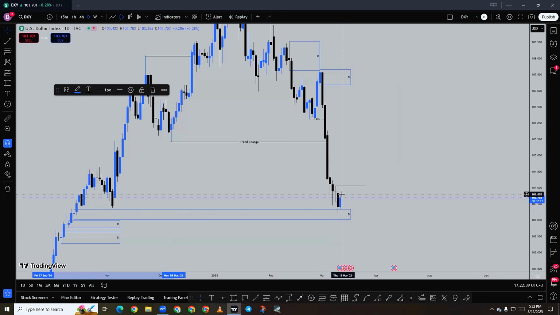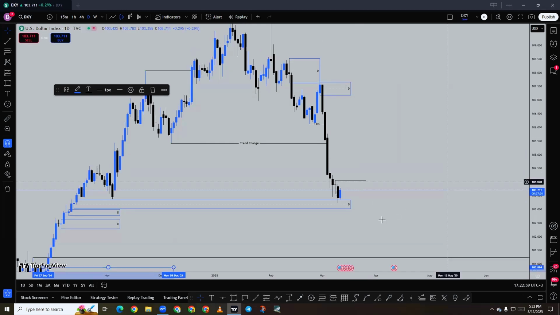Okay, so that is my analysis. If I'm trying to catch a bottom, if I'm trying to catch that reversal, then at least I should see price break above that. If we break above that, then I'm confident to trade that reversal.